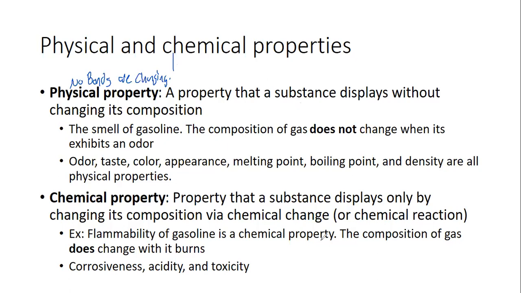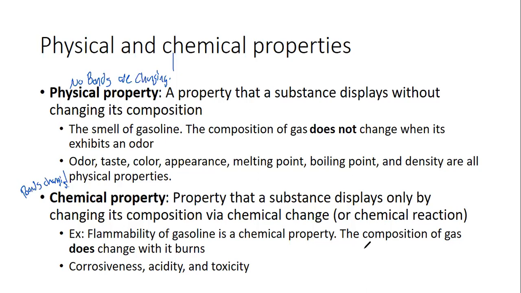While a chemical property is due to bonds changing. So when you observe a chemical property, bonds are being changed. So if I light gasoline on fire, the gasoline will burn due to bonds being broken. So if something is flammable, that's a chemical property because it involves bonds breaking.